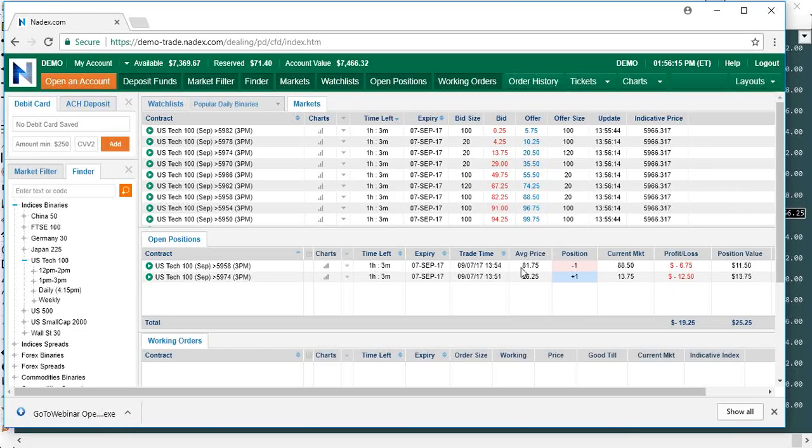But if I want to get out early of a contract I sold, the way I get out early is to what? Buy it back, as it were, right? So this contract, the 59.58, what can I buy back for right now? 85, 86.25. See it? The same numbers. Make sense? Okay.